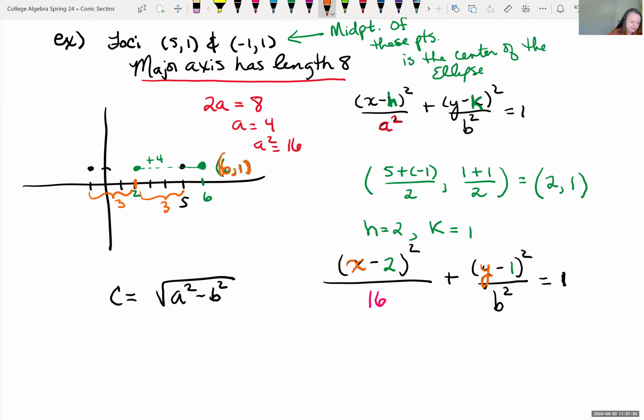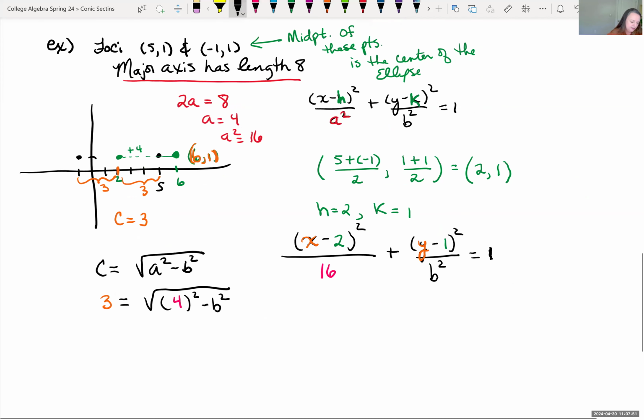So I can see that my C value is 3. So I have 3 is equal to the square root. My A value we found was 4, so 4 squared minus b squared. And we want to find out what b is. So I have 3 is equal to the square root of 16 minus b squared.